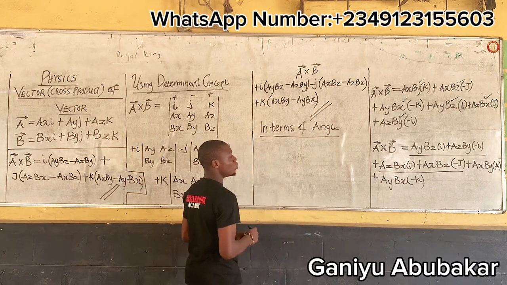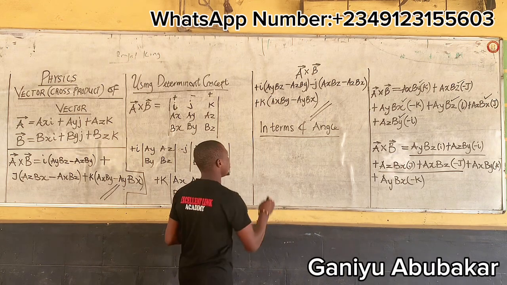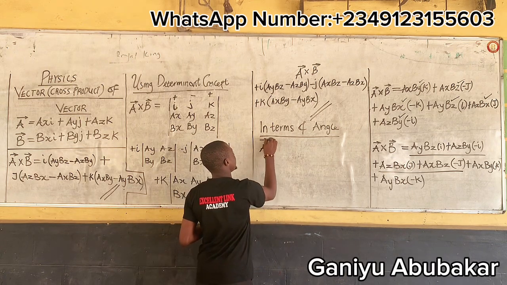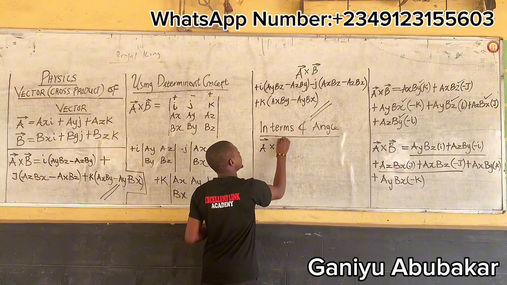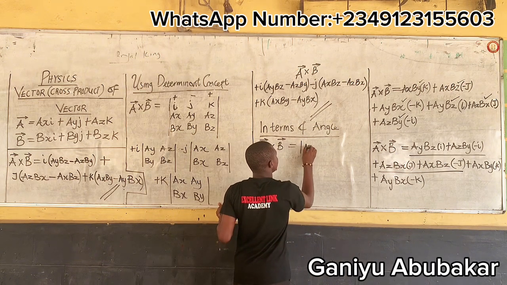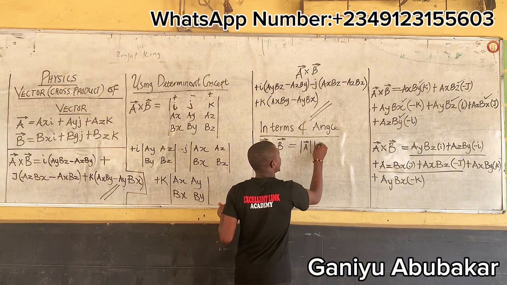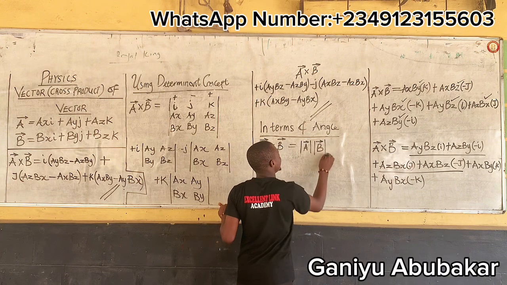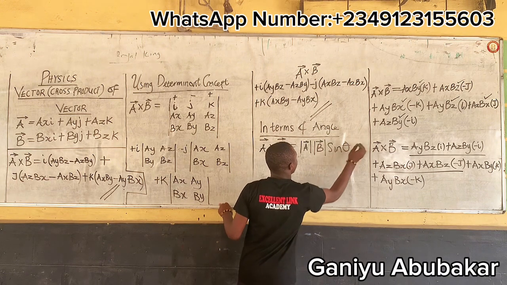In terms of angle, the cross product of two vectors, let's say vector A and vector B, is given as the magnitude of A and the magnitude of B sine theta.